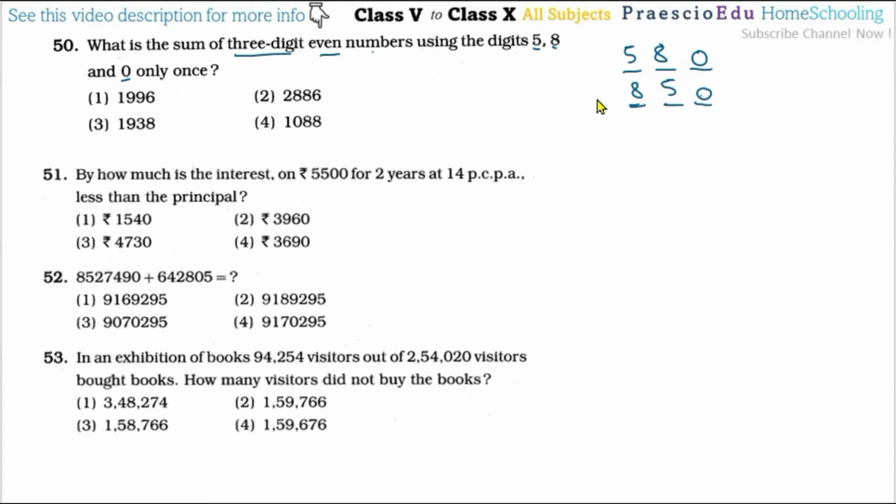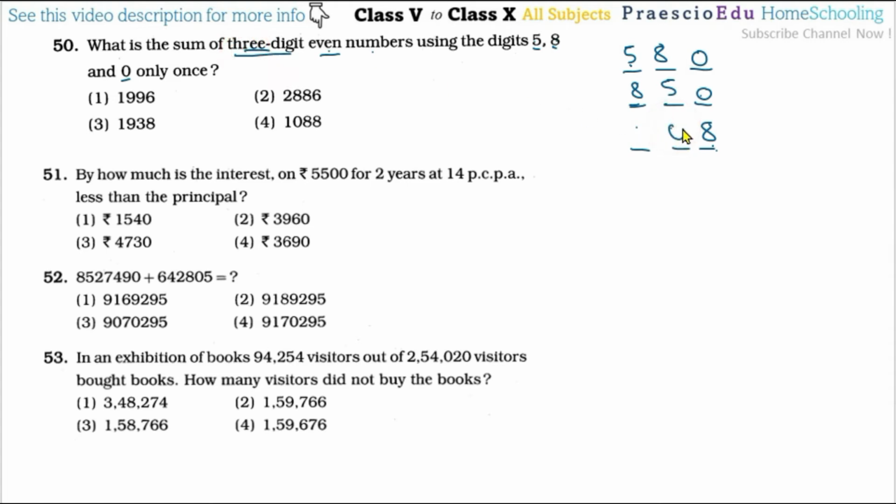This is another number that forms. Then after this we will consider 8 at the unit place, because we have to form an even number. We should not consider 5 at the unit place, because 5 is an odd digit. But we could not consider the 0 here. If we consider the 0 here and the 5 here, that will be only the number 58, but we require a 3-digit number.